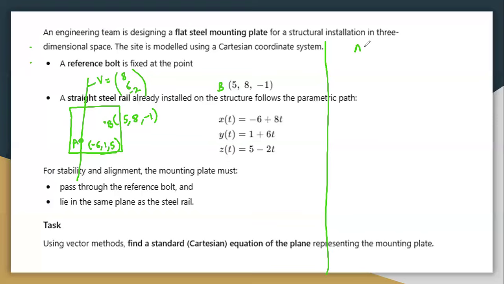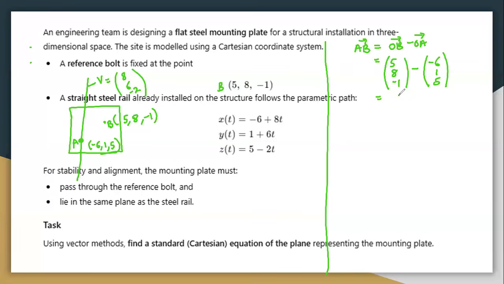AB equals OB minus OA. So our OB is 5, 8, negative 1 minus negative 6, 1, 5.